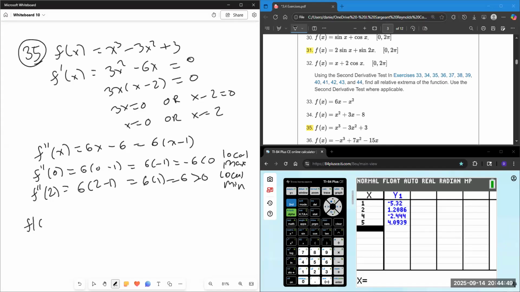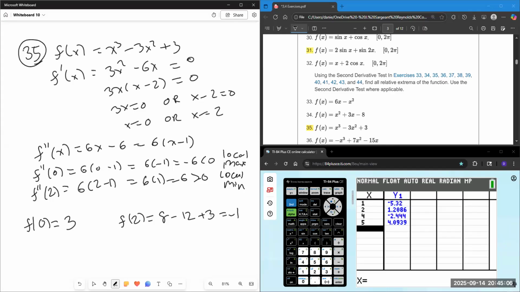I need to find f of 0, which is clearly 3, since that's the y-intercept. I need to find f of 2, which is 8 minus 3 times 4 is 12, plus 3. 11 minus 12 is a -1.